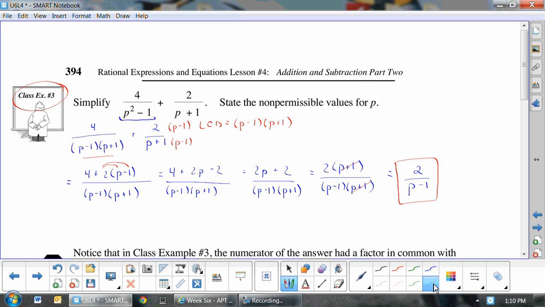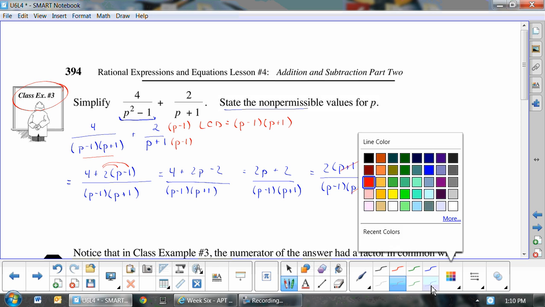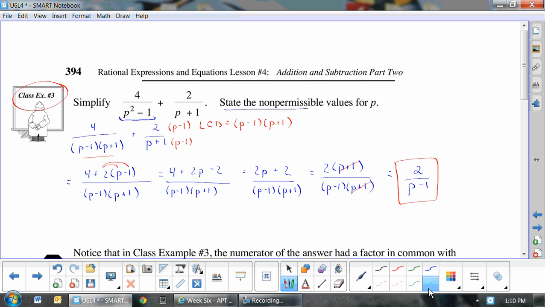They also ask us to state the non-permissibles. So how many non-permissibles should we have? Good job, guys. The last class said only 1. So well done. So we have p cannot equal plus or minus 1.